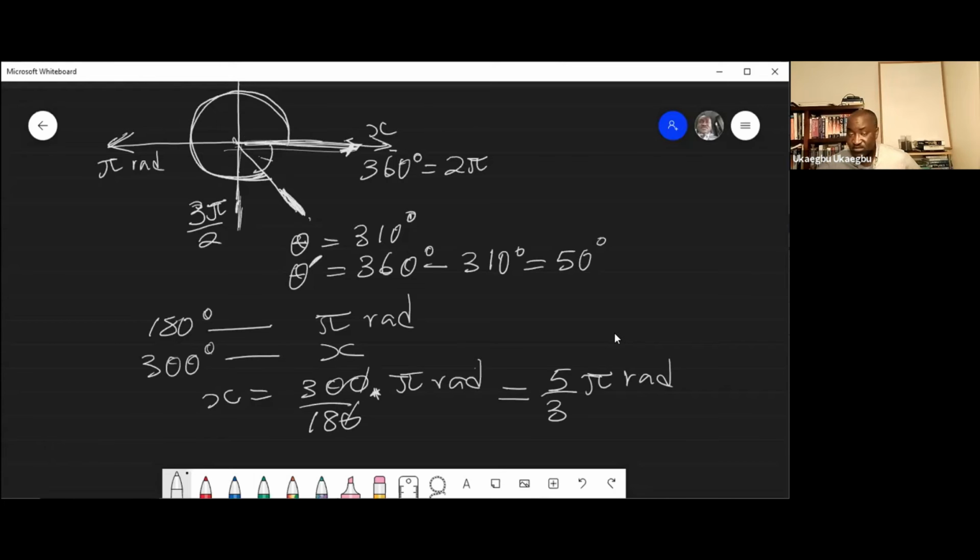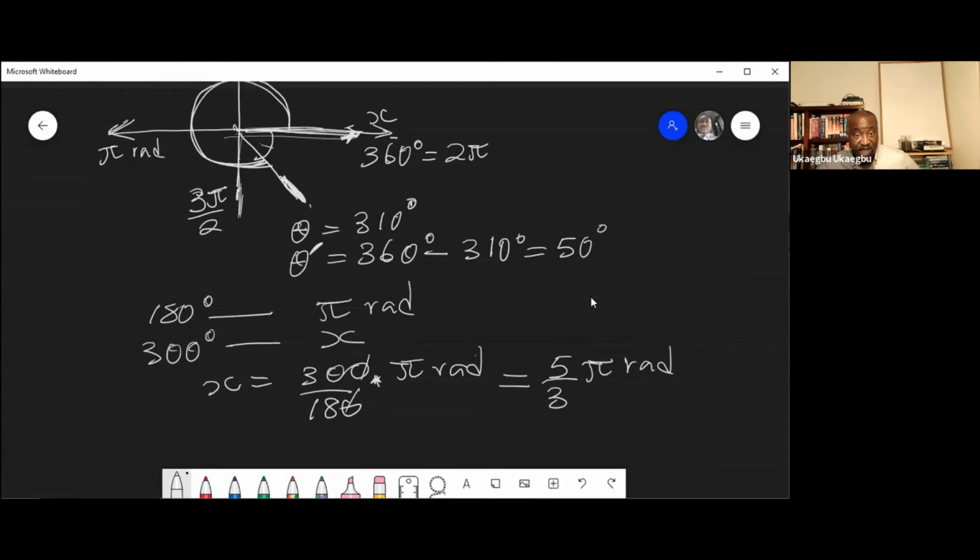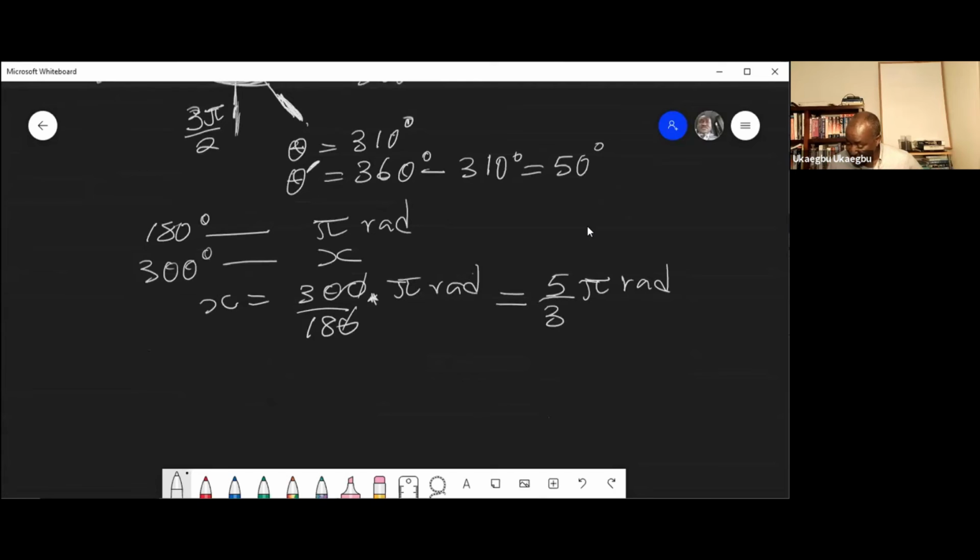All right. Now, in that case, our terminal angle, theta, is going to be what? 360 degree is 2 pi radian over 1, minus 300 degree, which is 5 pi over 3 radian.